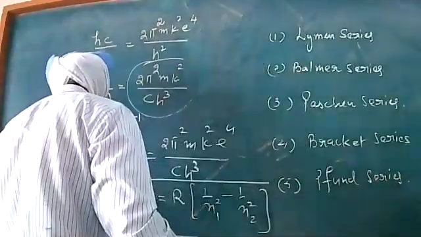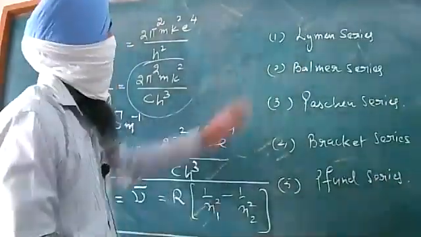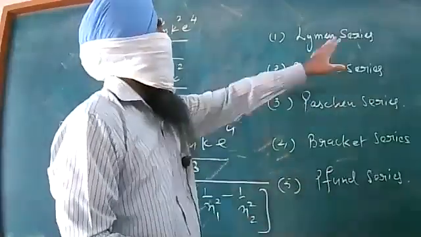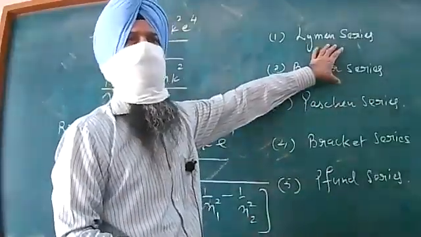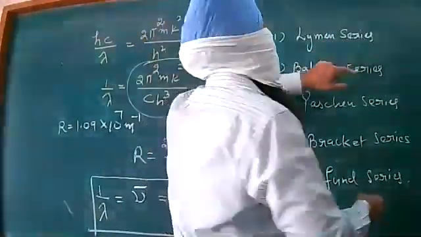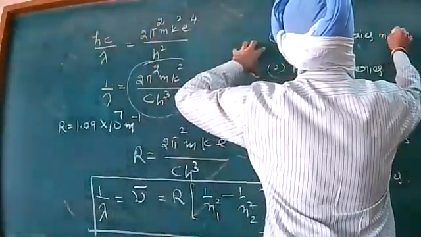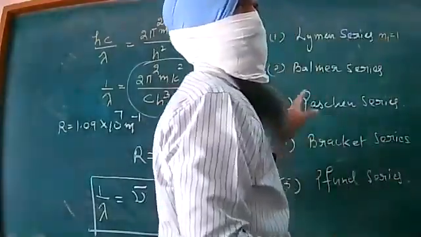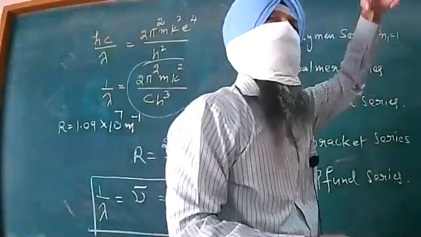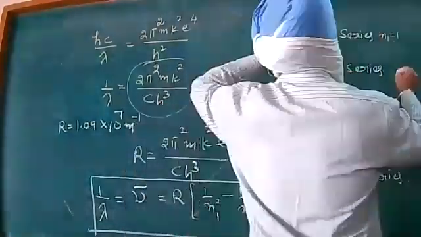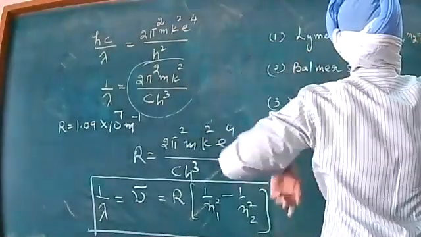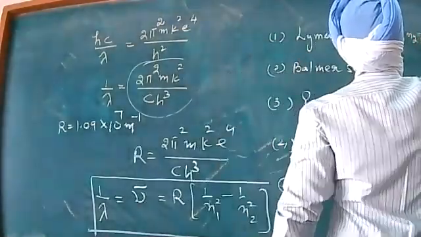So beta, let me further make you aware that all these series limits are calculated and all that. For the Lyman series, always keep in mind n1 is equal to 1. That means the electron jumps from the higher orbits to the first orbit. And beta dear children, n2 is equal to 2, 3, 4 and so on.